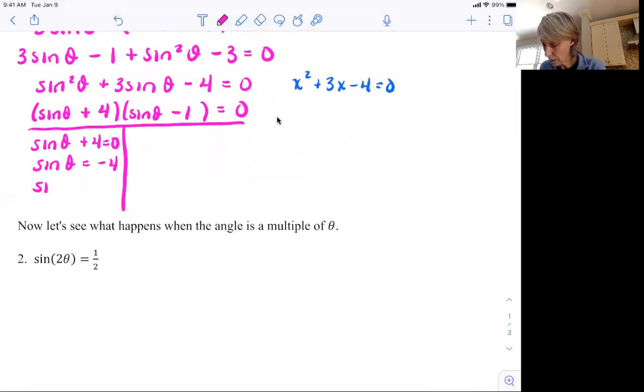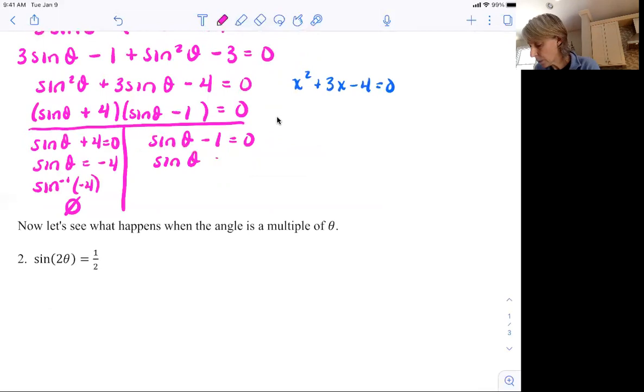So sine theta plus 4 equals 0 gives an angle whose sine is -4, obviously no solution. Sine theta minus 1 equals 0. Sine theta equals 1.